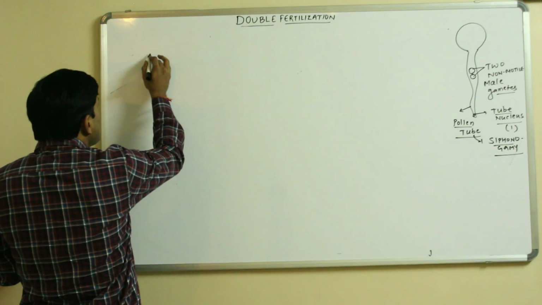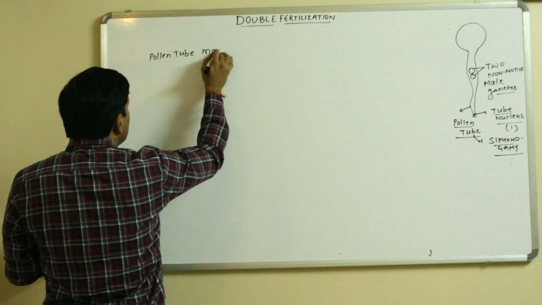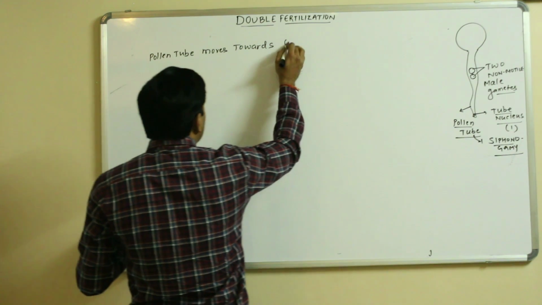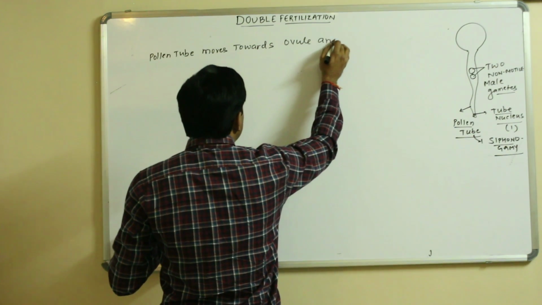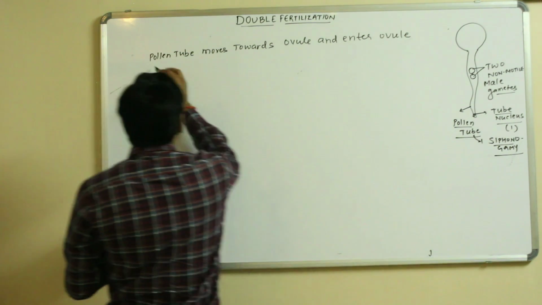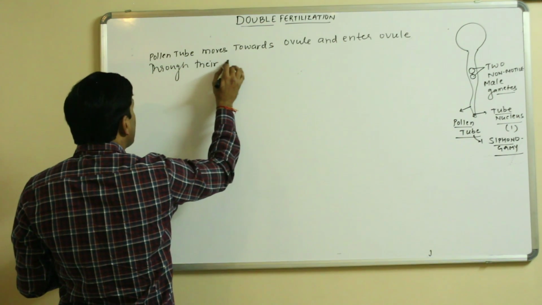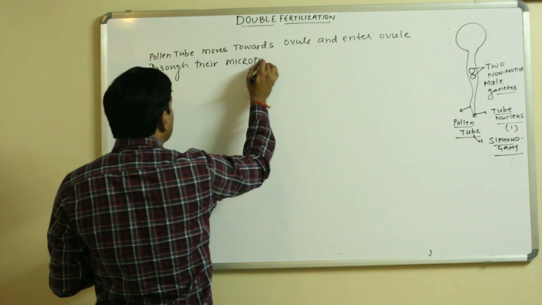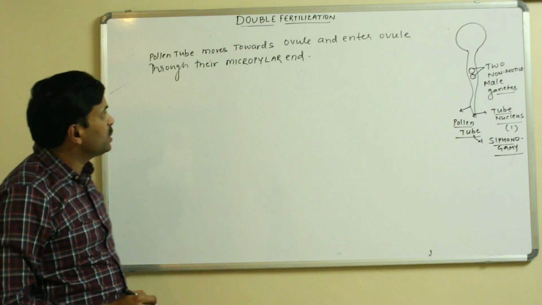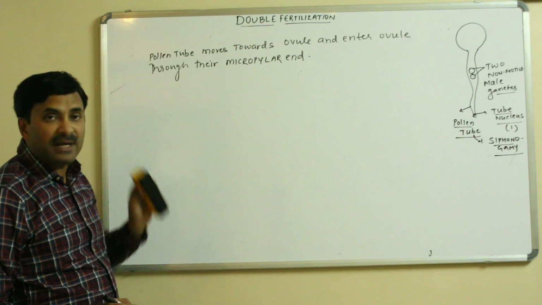First of all, the pollen tube moves towards the ovule and enters the ovule through the micropylar end. Means the pollen tube generally enters inside the ovule through the micropylar end.